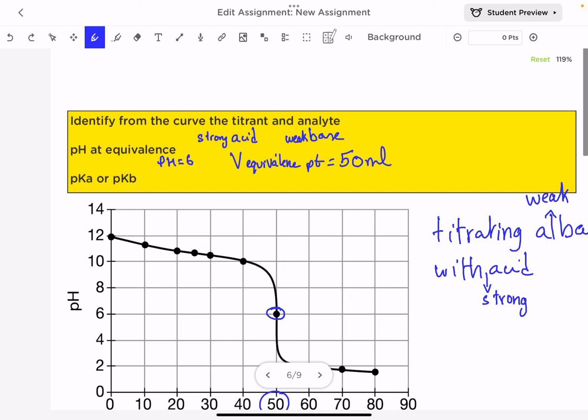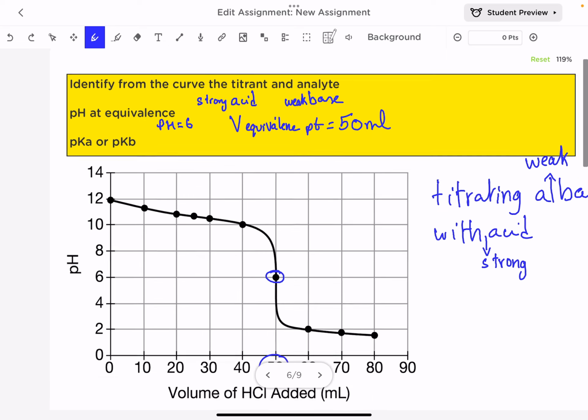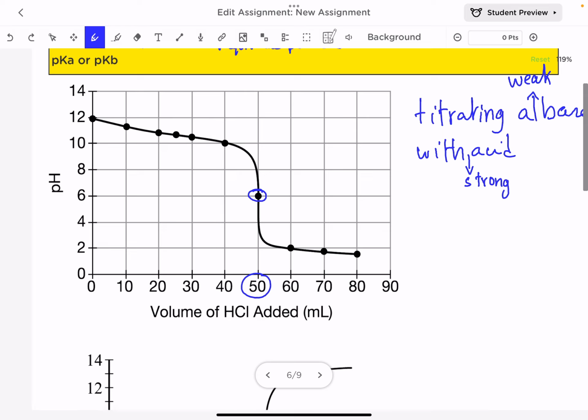Now always expect in the titration of weak with strong to ask you to find the pKa or pKb. Pay attention that the curve will always give you the pKa, not the pKb. So the pKa can be determined from the curve, but we can always find the pKb if we have the value of pKa. And how do we get the pKa?